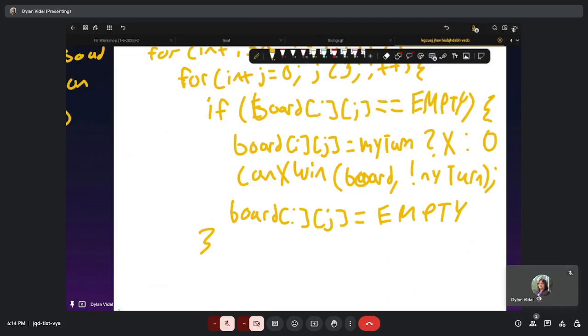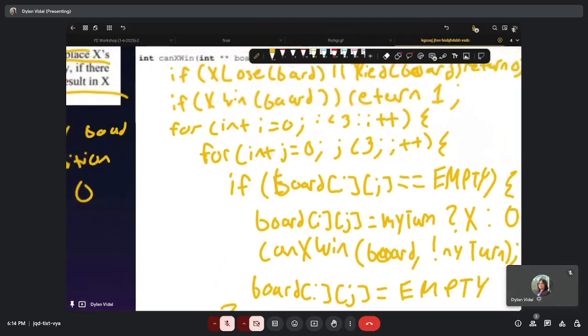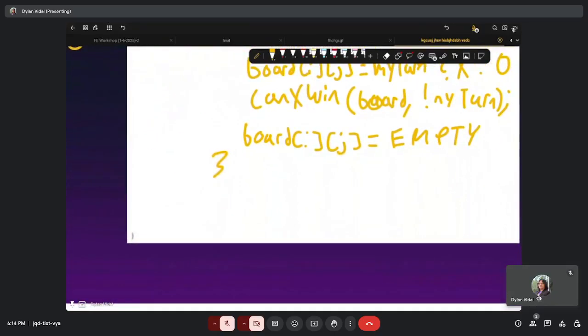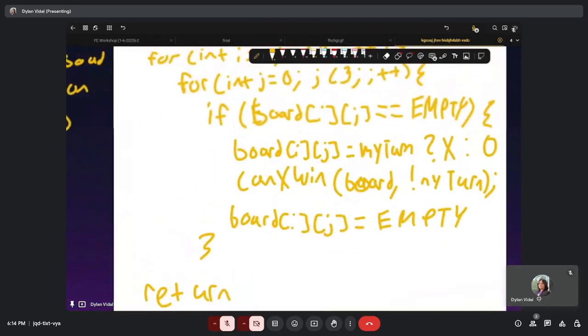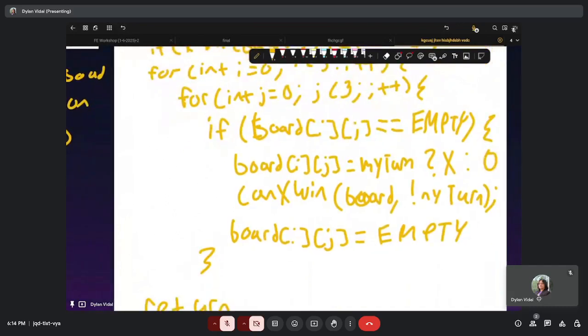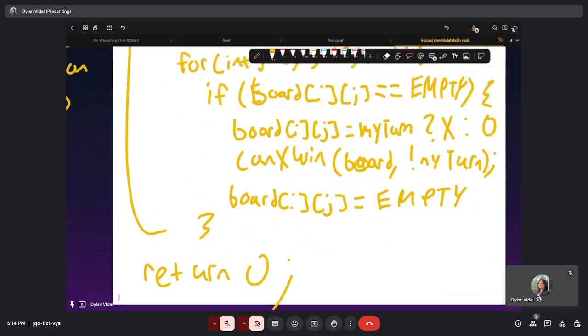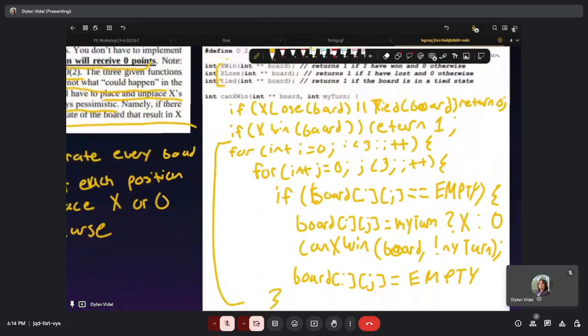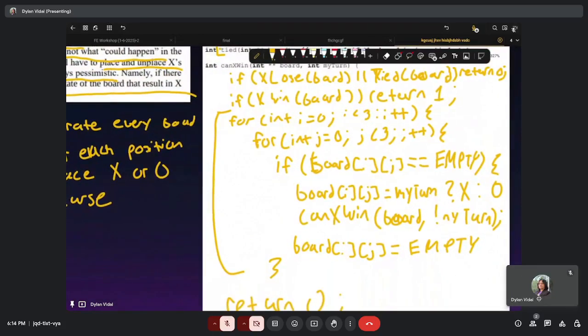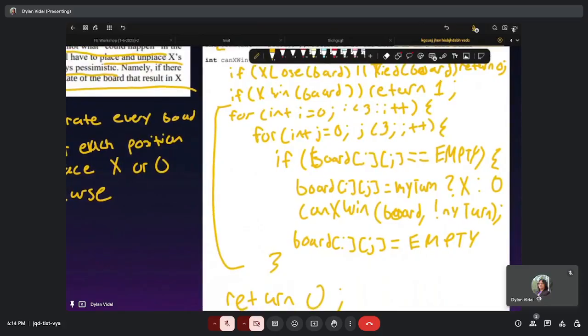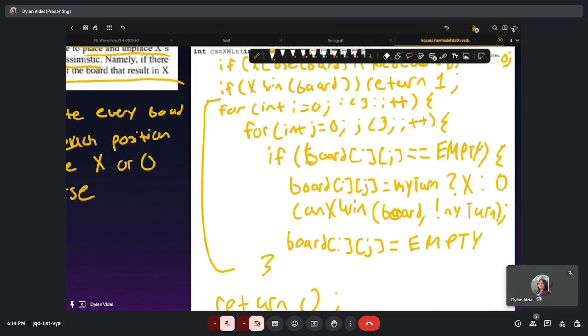Yeah, the base case will work. It will return all the way up. But what happens if we reach all the way to the end and we haven't returned anything up here? Like nothing's happened here. 0. That means X lost. Because if we haven't returned something all the way up at this point, then X is lost. Yeah, so see how that works?